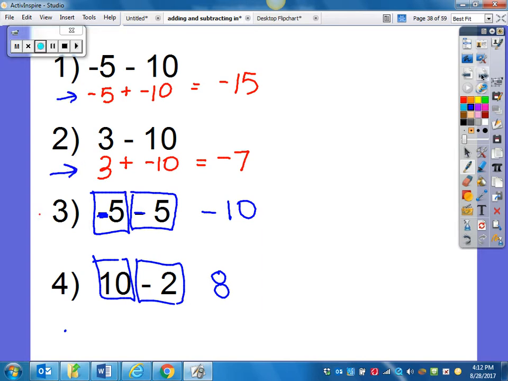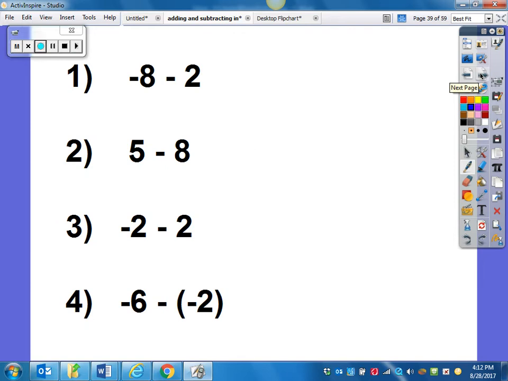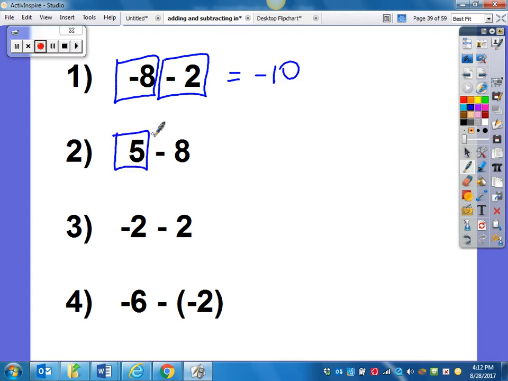Let's come up with a couple more examples. I have a -8 and I have a -2. Same signs, add and keep. I have a +5 and a -8. Those are different signs, so I subtract and I get -3 because the 8 has the higher absolute value.